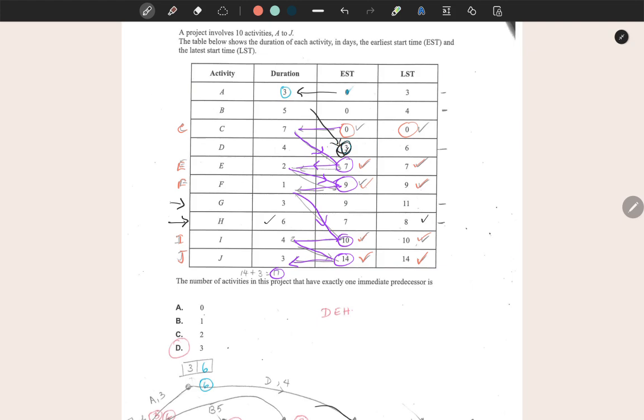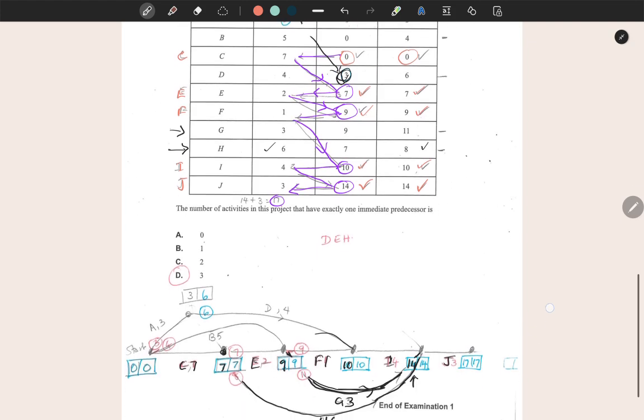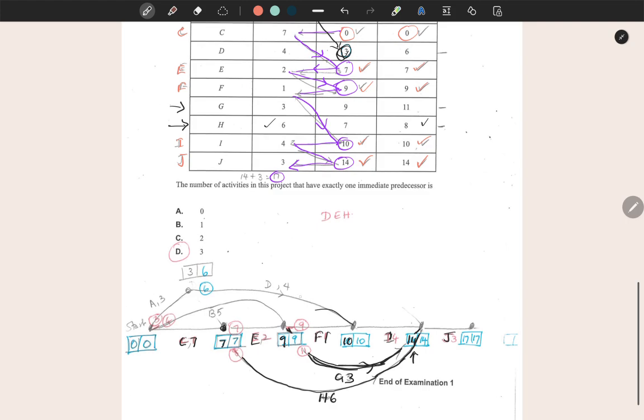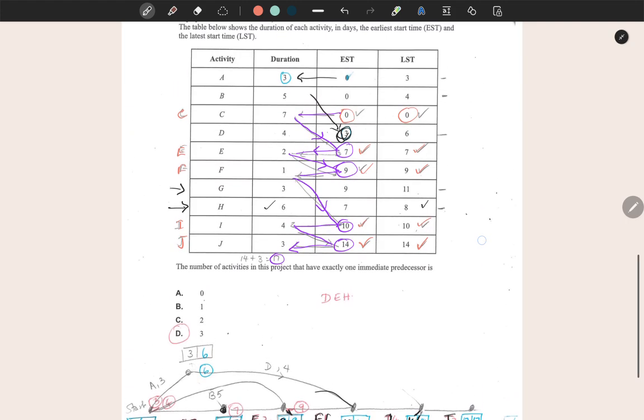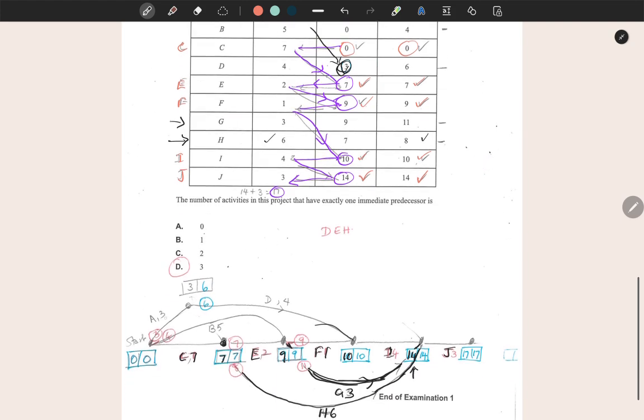And so I thought obviously A must be a predecessor for D. And so I took it back and then I checked A's earliest starting time was 0. And so I took it and I drew A, and with its duration time, and connected D to it.